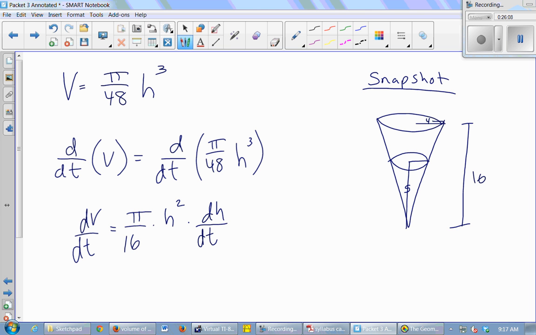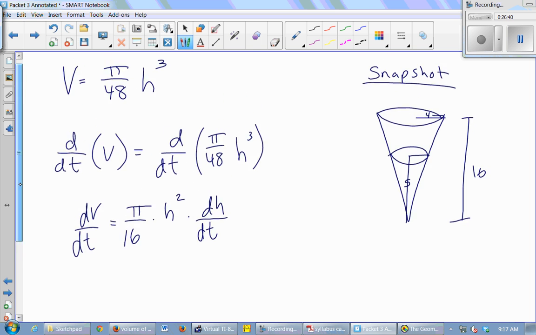Could I figure out the radius when h is 5? Yeah, but do I need to? Do I need to know the volume? dV/dt is constant, so I'm just going to plug in the stuff I know. dV/dt is constant, h is 5, and I'm solving for dh/dt. So I don't even actually have to get anything else from this picture.